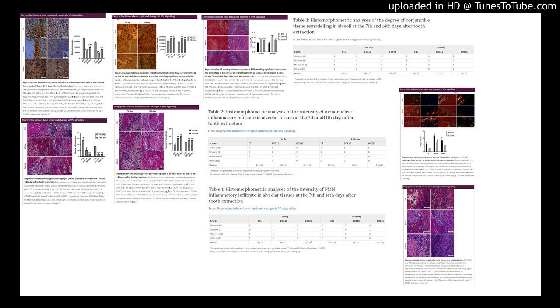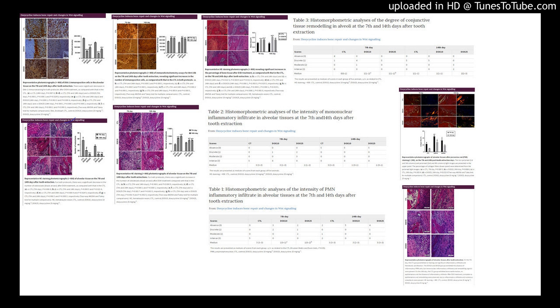This group also contained osteoblasts and almost no inflammatory infiltrate. The DOX25 group exhibited complete re-epithelization, significant conjunctive tissue remodeling and more trabecular bone than osteoid tissue. In addition, the DOX25 group contained numerous osteoblasts and minimal inflammatory infiltrate and blood vessels.